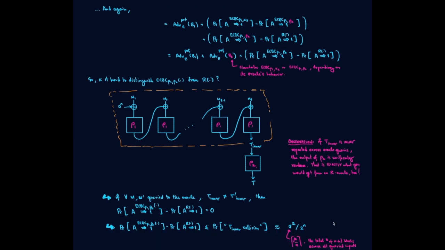So all that's going to matter in this term is that it's going to be 0 unless A can ask two inputs that cause a collision here. So that tells us that this probability is upper bounded by the probability that, and I put this in quotes because it's informal, A manages as part of its queries to actually cause a T inner collision.